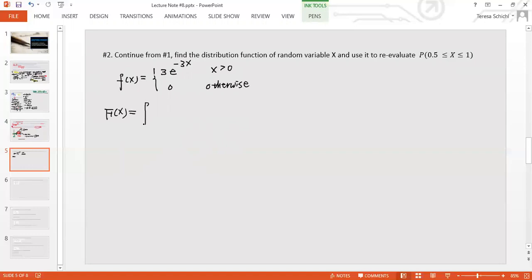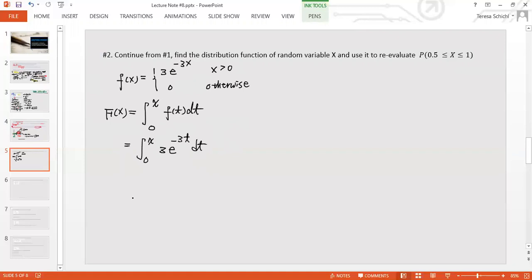So it's the integral from the lower bound 0 to x of f of t dt. I need to change the variable because I cannot use the same variable inside the integral and in the limits. That's just notation, so we need to be careful. So this will be the integral of 3e to the negative 3t dt.